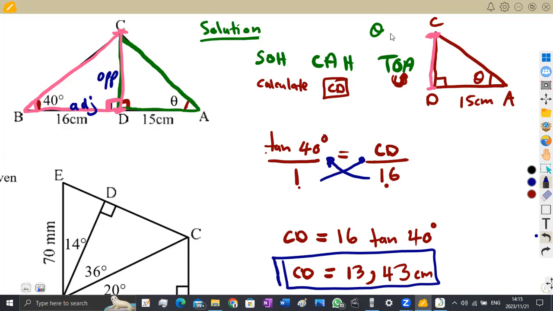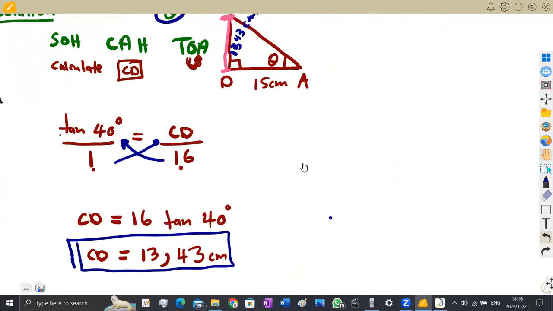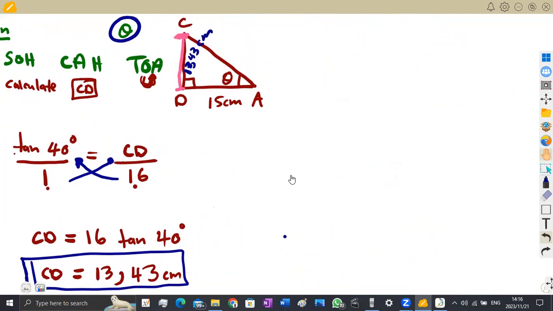The question is asking us to find the angle theta. As we saw, we had a limited triangle. But now that we have the length of CD, which is 13,43 centimeters, we can use that to calculate the angle, because we can work with our trigonometrical ratios to find an angle.